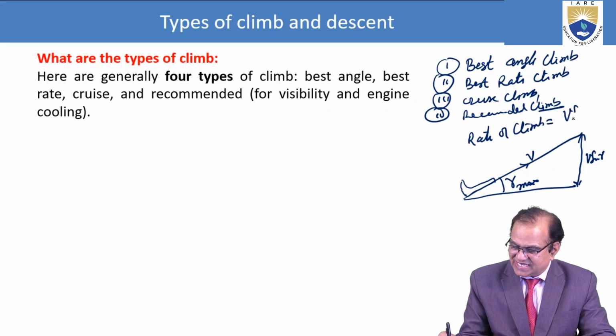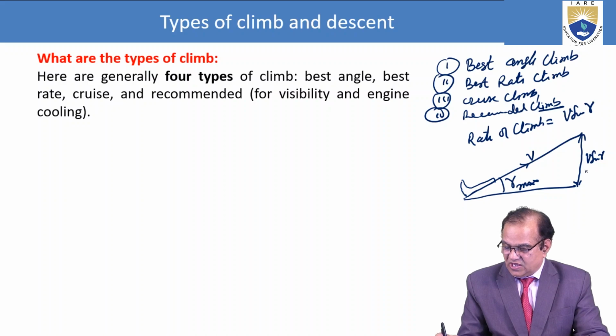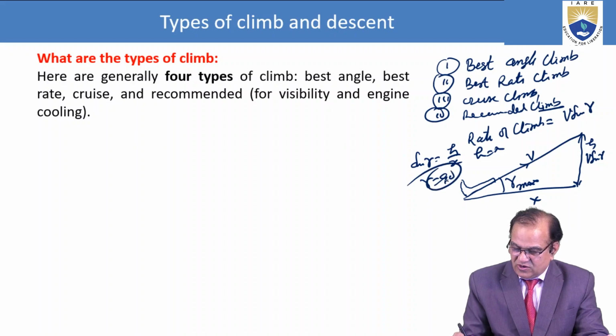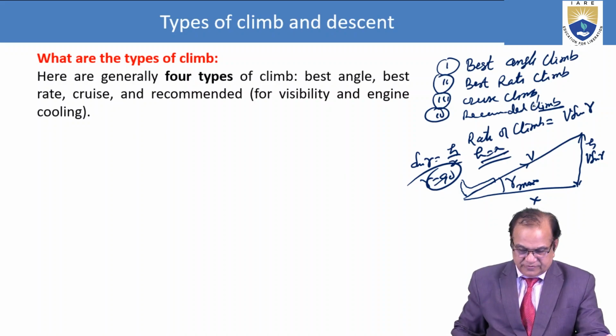We should have this best. So we can say that sin gamma is equal to h by x. So h is equal to x when gamma is equal to 90 degrees. In this way we have to find out cruise climb and other things also.